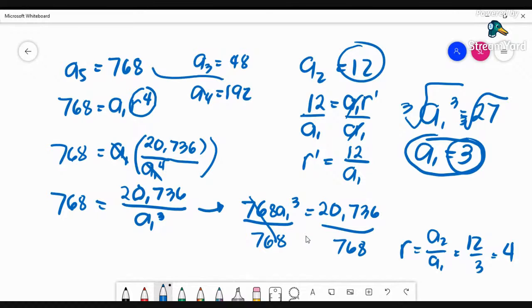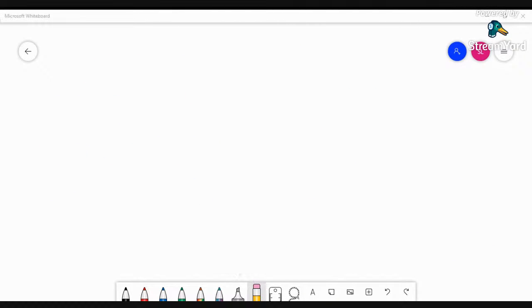And let's check if our a sub 5 is equal to 768. Yes. 192 times 4 is 768. It means that our answer is correct. Okay, let's continue.